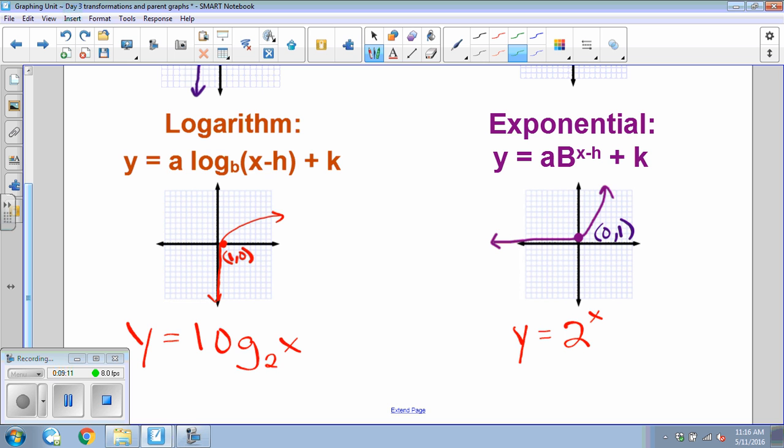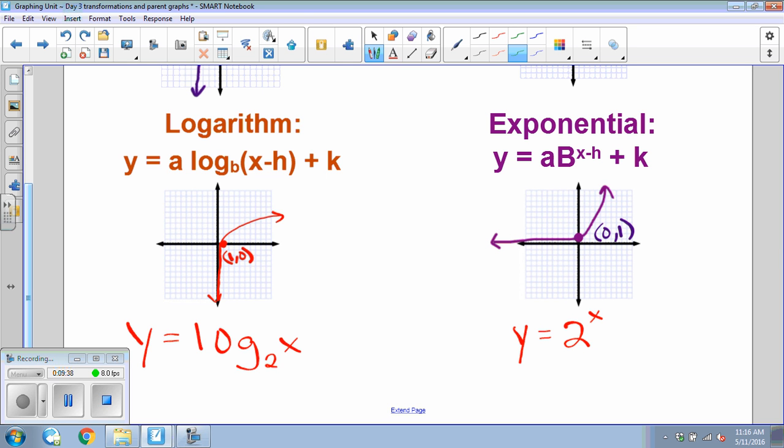That is an example of a parent graph. Another parent graph of a logarithm would be log base 5 of x. Log base 10 of x. ln, which is log base what? e of x. Those are all parent graphs. Your bases can change from parent graph to parent graph. And same thing with exponentials. The base can change with the parent graph.